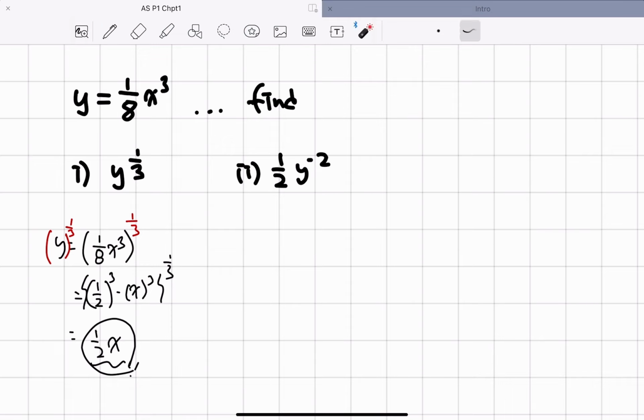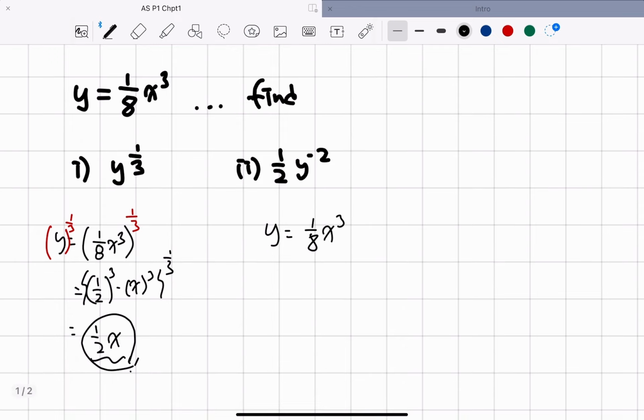And the second one, 1 over 2 times y to the power minus 2. First thing to do, let's find y to the power minus 2. So y equals 1 over 8 x cubed, and we need to find the power minus 2.